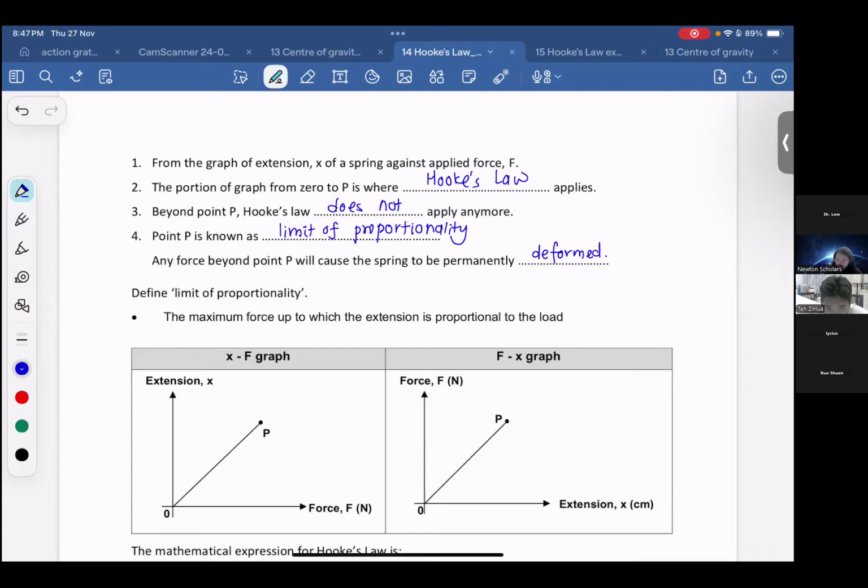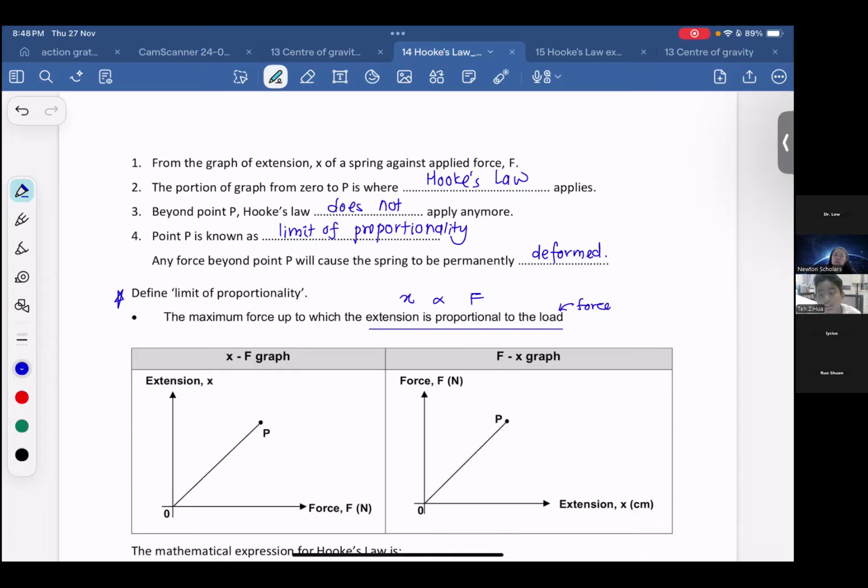After this point P, your spring is spoiled already. So what is it? The maximum force up to which extension is proportional to the load. Load is the force. So the maximum force that we still obey Hooke's law.